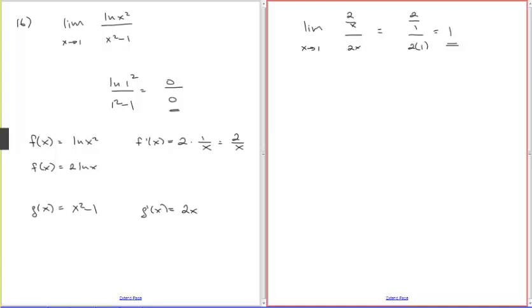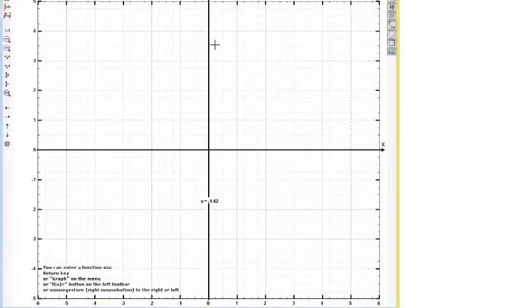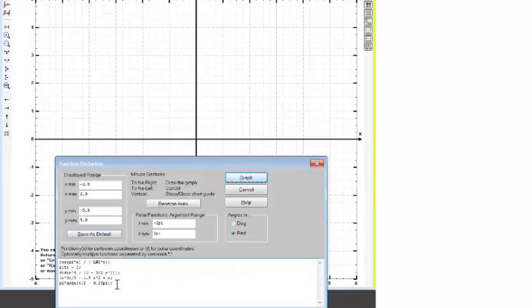Now, one thing you can do, and we'll do it for this particular problem, I'm going to make this small. And so there it is. So let's just plot this function. So I'm going to type in the natural log of x squared divided by the quantity x squared minus 1.